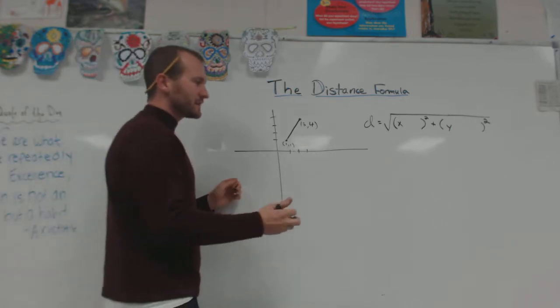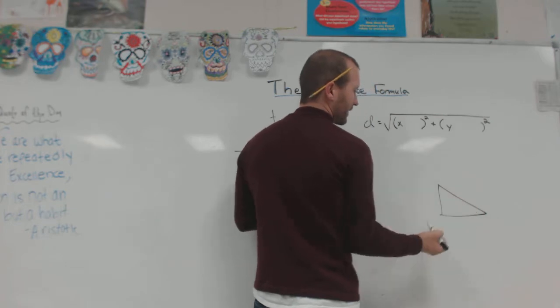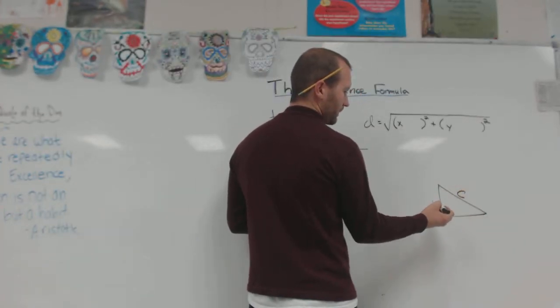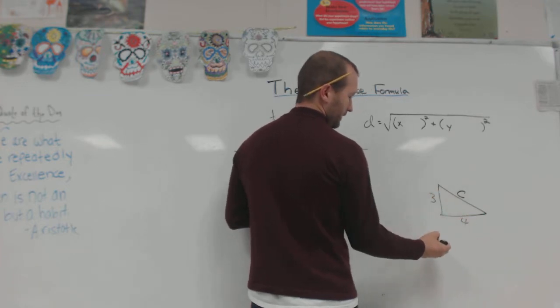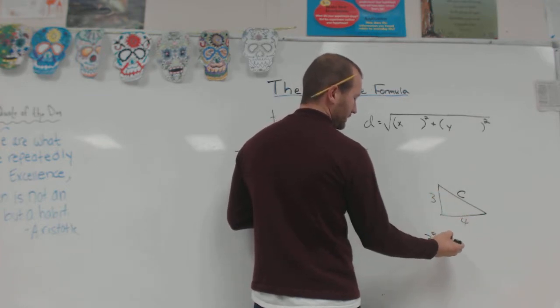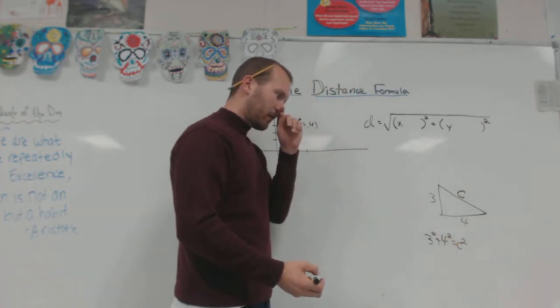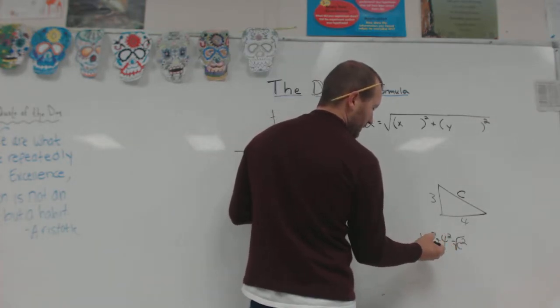Think about when we just found the length of this side of the triangle, right? C. What we did was we had like 3 squared plus 4 squared equals c squared. And we didn't exactly do it this way, but eventually we took the square root of both sides, right?